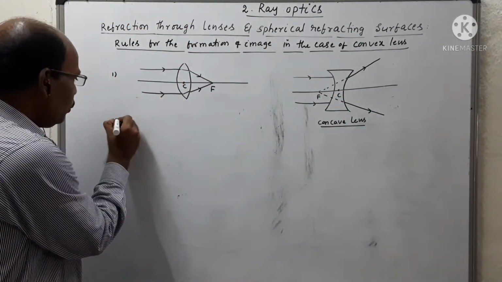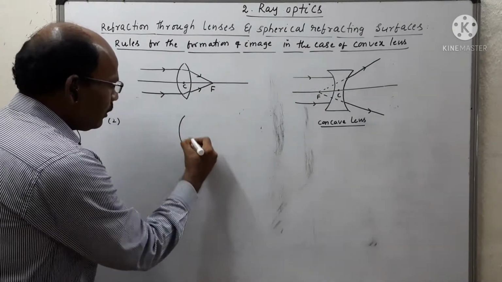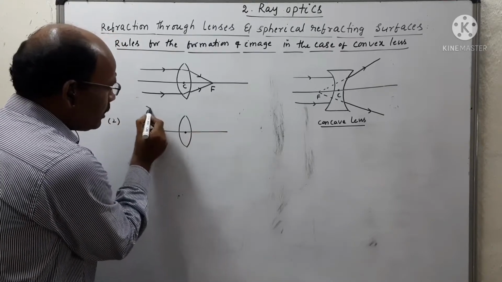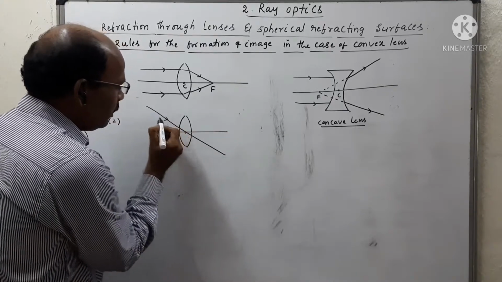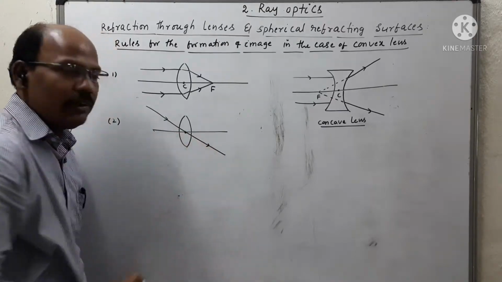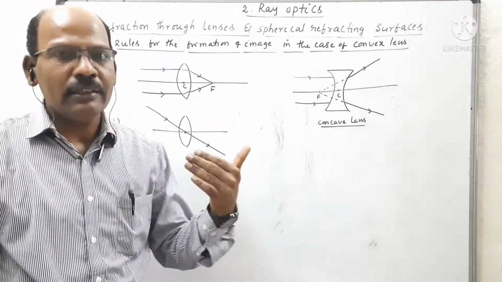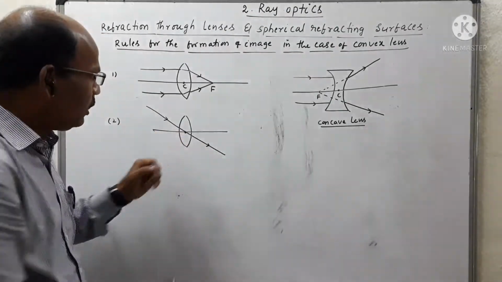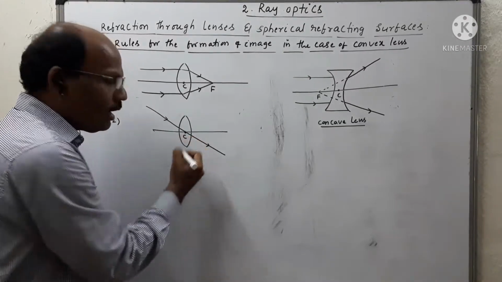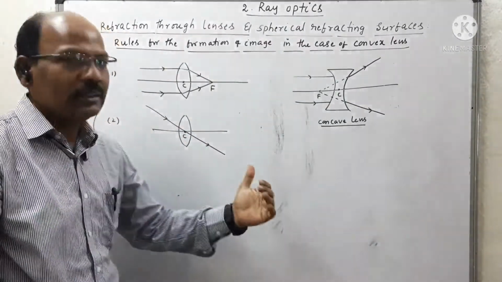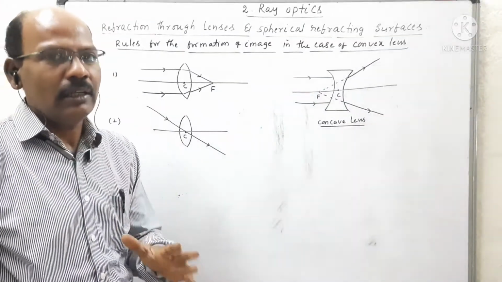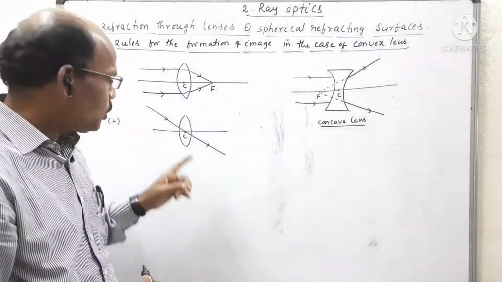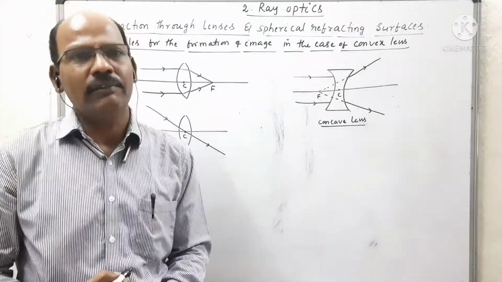Coming to rule 2. So this is the principal focus. The ray which is passing through the optic center is undeviated and gets refracted in a straight path. Here we are observing that this light ray passing through the optic center is undeviated and moves in a straight path, without any deviation, in the case of the convex lens.